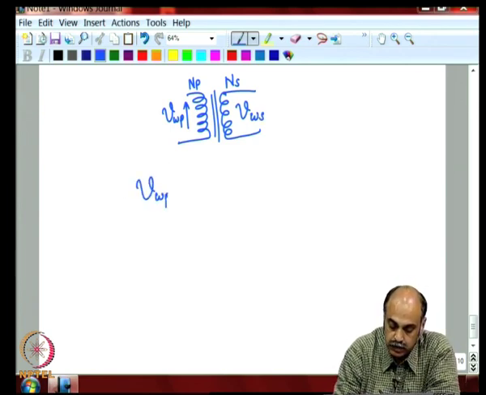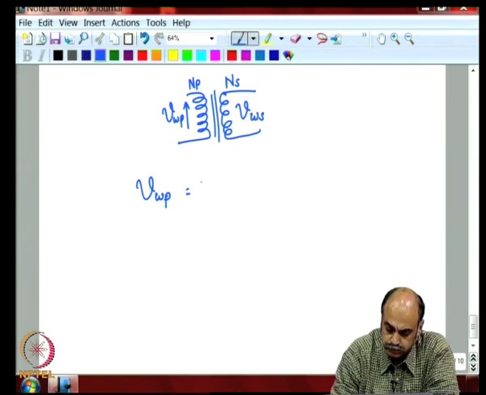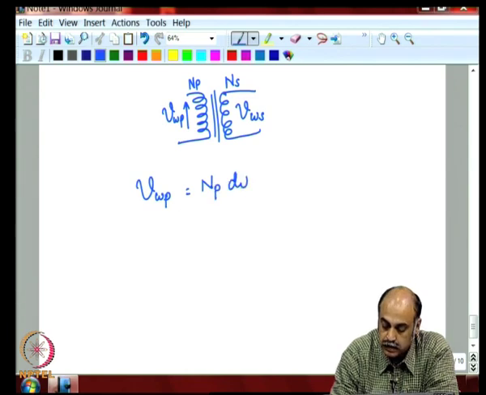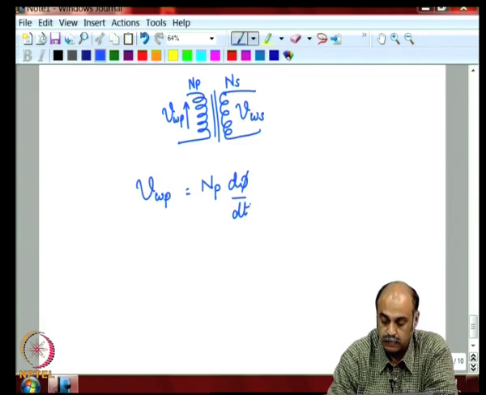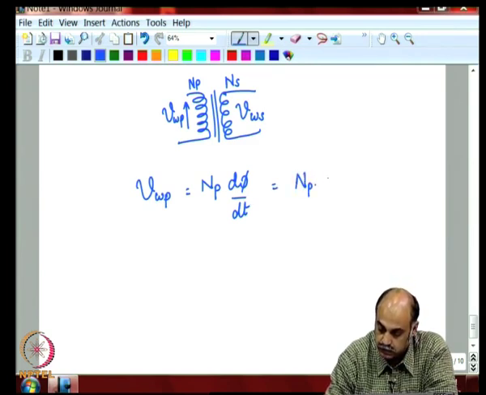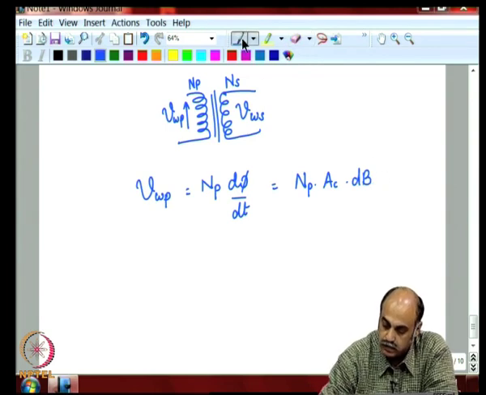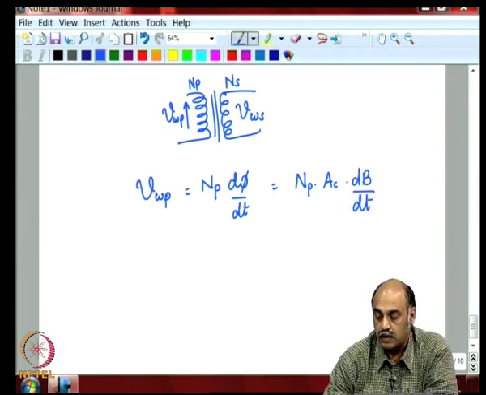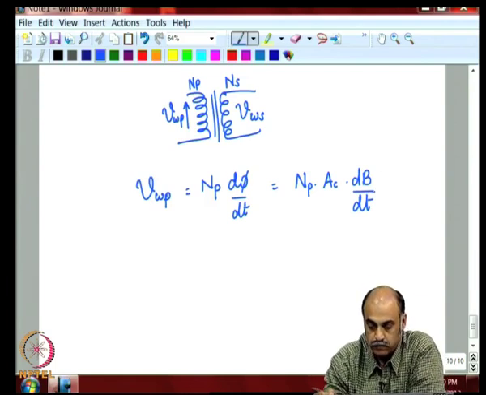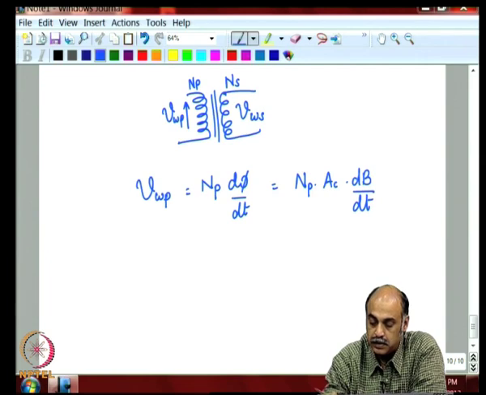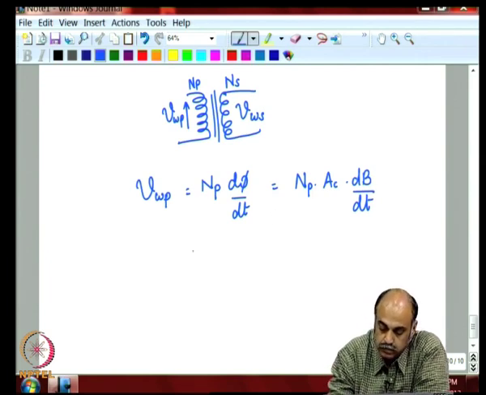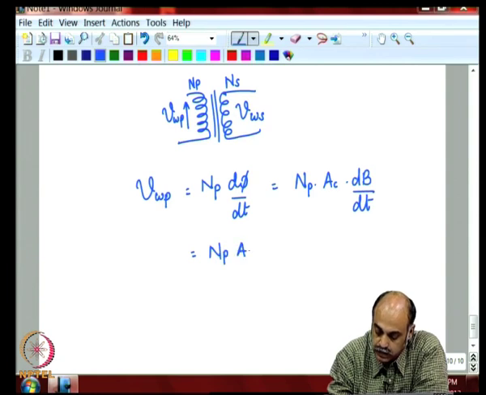Now, voltage across the primary winding equal to N P d phi by dt, which is equal to N P AC dB by dt. Now, because the operating flux is in the linear region, you can write it as NP AC delta B by delta T.